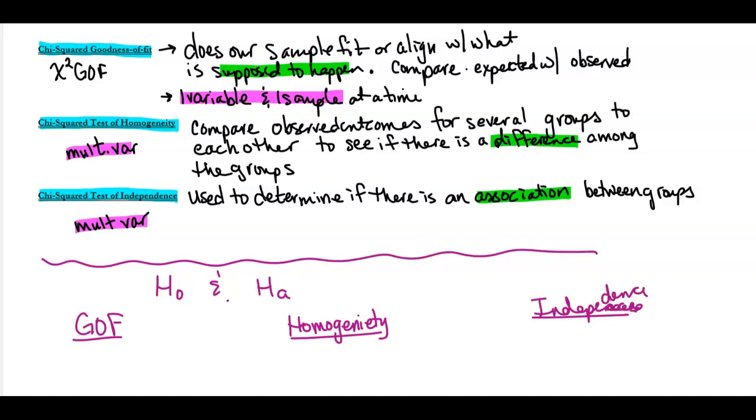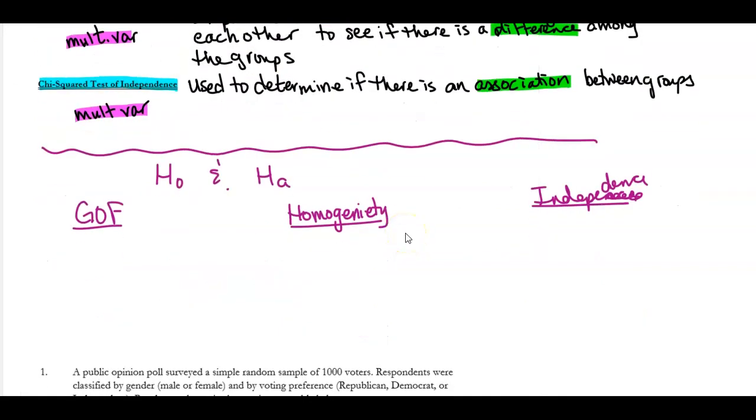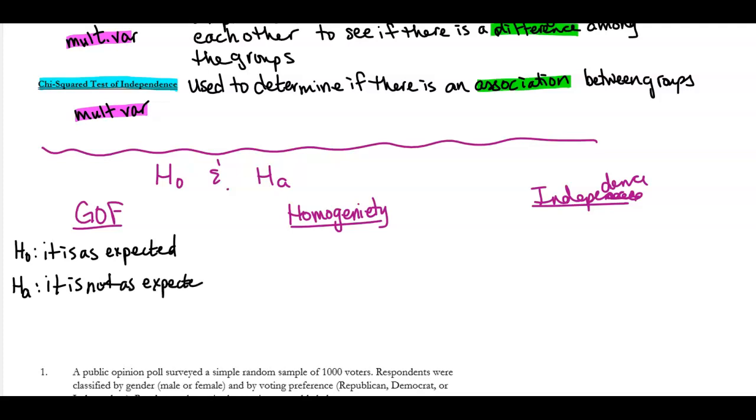They're going to be the same for each test. Okay, so again, goodness of fit is: is it as expected? So the Ho is that it is as expected, and you put in the context. So if we were talking about the color of M&Ms, the breakdown is as expected. And the Ha is that it's not. What's nice is you don't have to have any symbols or parentheses. It's just the written statement.